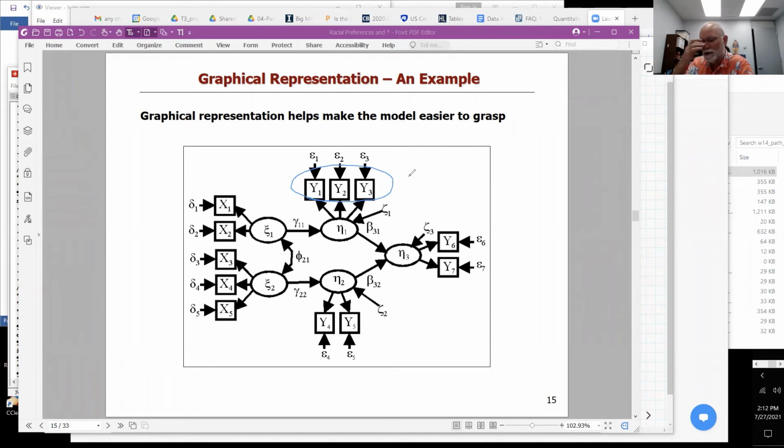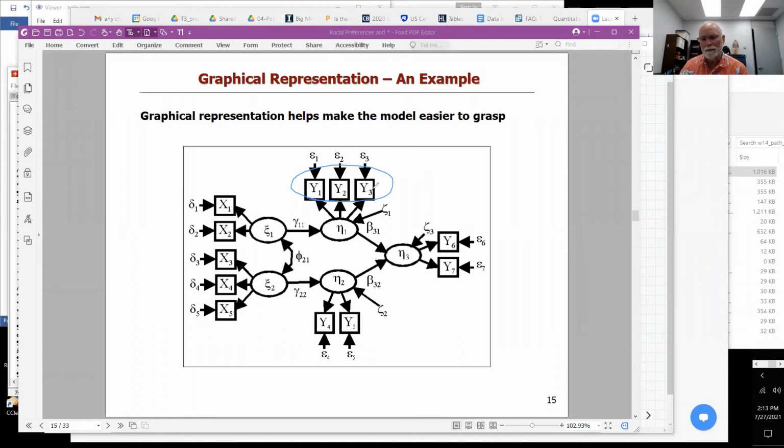Eta 1 is measured by a set of 3 indicators. So you could think of this as maybe you built a scale. You had 3 questions. You took the responses on those 3 questions, you added them up, and that created a scale. That would be a measurement model where you're imposing some particular relationships between the scores on the 3 variables and the resulting index score, which would be analogous to the eta 1 variable.